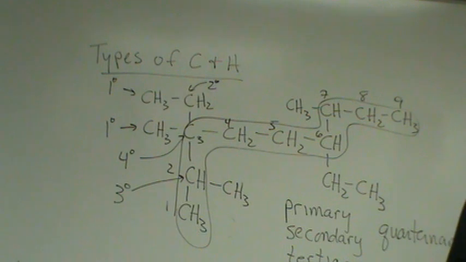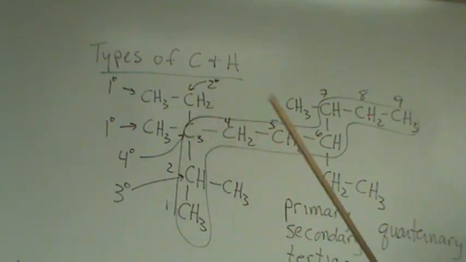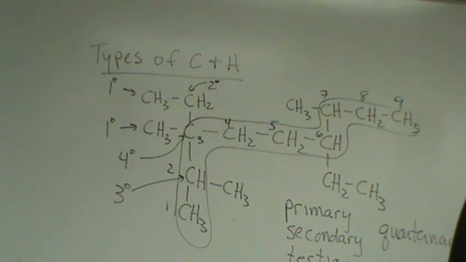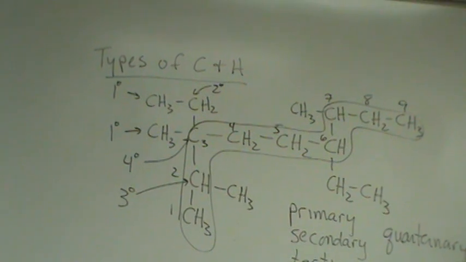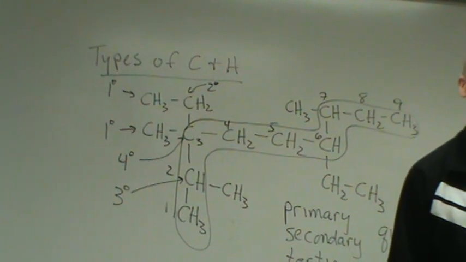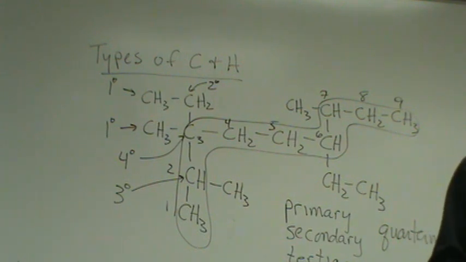Primary hydrogens. These 2 hydrogens are what? Secondary hydrogens. Looky here, I can never have a quaternary hydrogen, can I? Okay, because carbons use all the bonds. So hydrogens will either be primary, secondary, or tertiary.